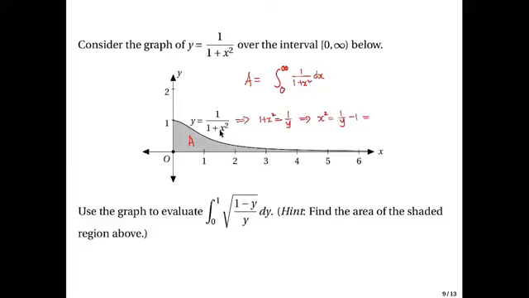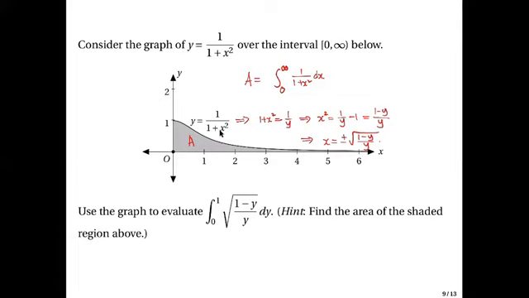Or this is just 1 minus y over y. And therefore, you have x equals plus or minus the square root of 1 minus y over y.